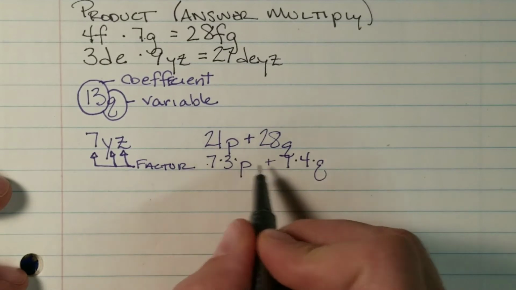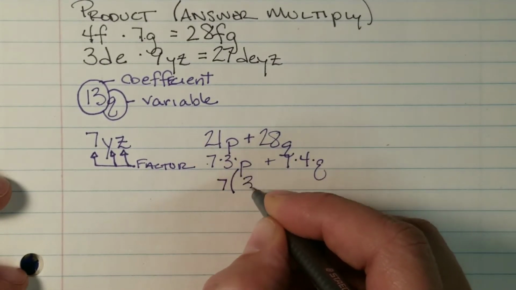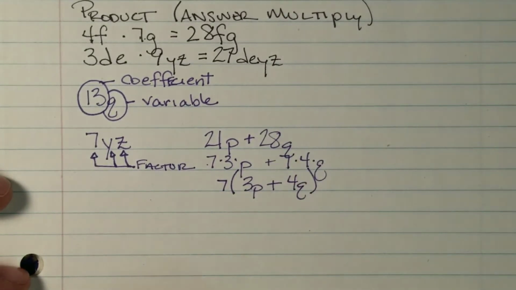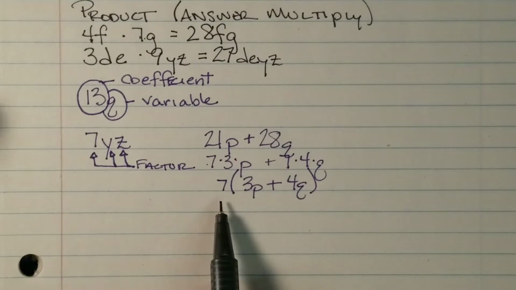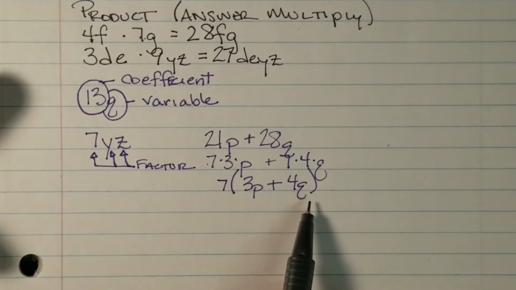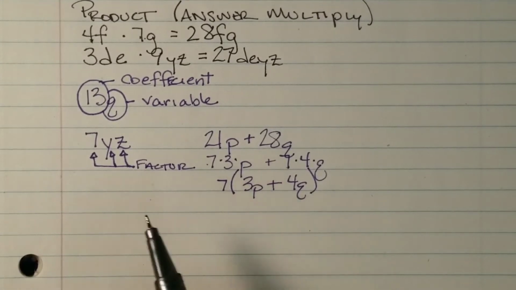Notice they have a 7 in common? I could take the 7 out of both. Now, I know you don't understand that whole thing, and it just looked like magic to you, but later, for real, that's going to make a lot of sense. But that's why we're calling them factors, so that later we can factor them out. Makes more sense. All right, let's practice some more.